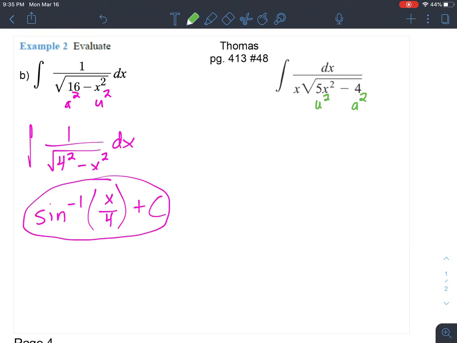So I'm going to rewrite that. We got dx on top, we have x on bottom, we have the square root of 5 times x, and that is squared, and then it's going to be minus, and we'll take 4 and we'll turn that into 2 squared. Okay, then the next thing, well, we were supposed to have u squared here.